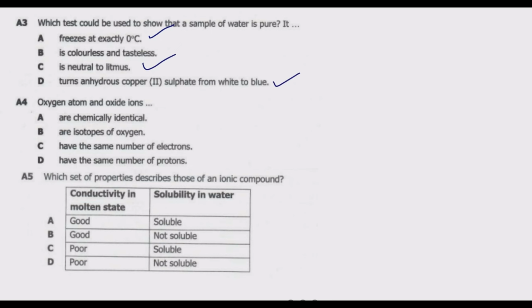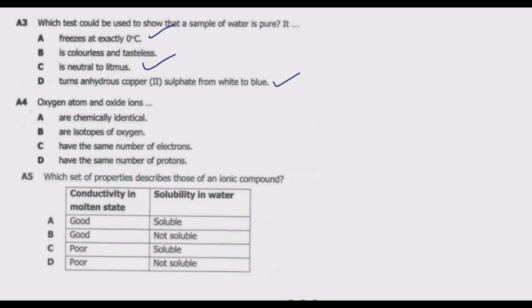But among these, there are only 2 that are chemical tests used to check whether the liquid is water. The first one is that water turns blue cobalt chloride paper pink.